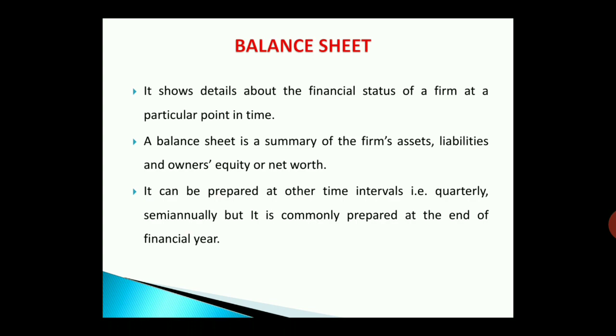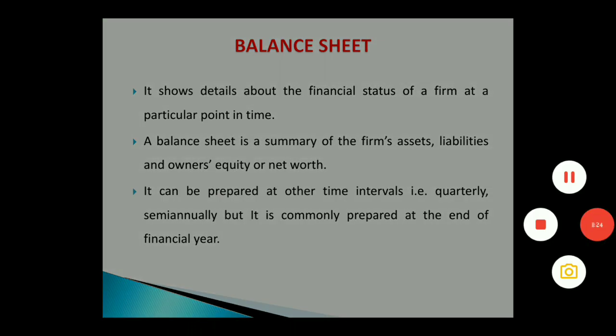A balance sheet is a summary of firm's assets, liabilities and owner's equity or net worth. Okay, so the most important terms in a balance sheet are assets, second is liabilities, third is owner's equity or net worth. It can be prepared at any time interval, quarterly, semi-annually, but most commonly prepared at the end of the financial year.